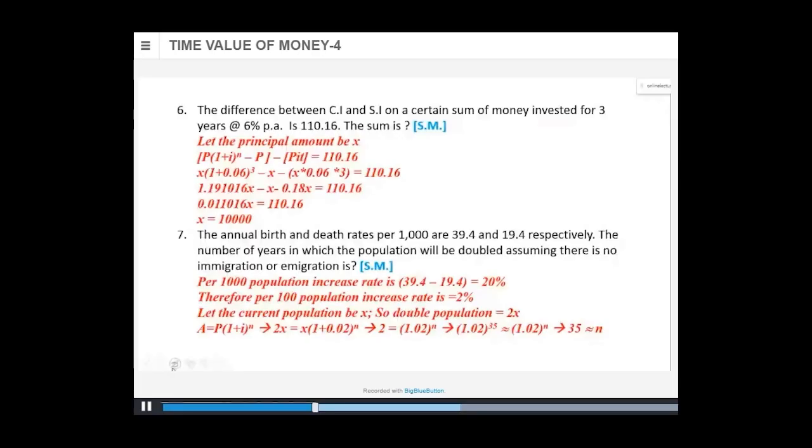So we got 1.02 raised to 35 is, look at that sign, not equal to, approximately. I've said approximately there. What is n? By observation, n is 35. It is increasing annually, so no division or anything. 35 years it will take to make the population double.